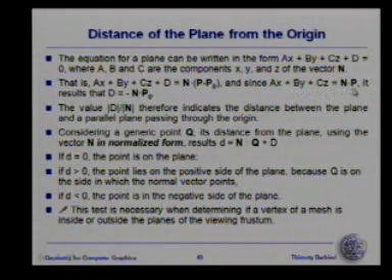Because P, being the general point, is x, y, z. Right? So it is actually true that n is a, b, c. Therefore, d equals minus n scalar P0, which is the remaining part of the equation.